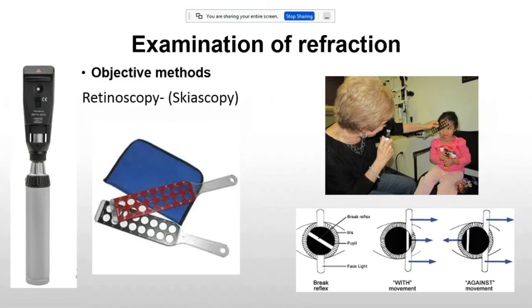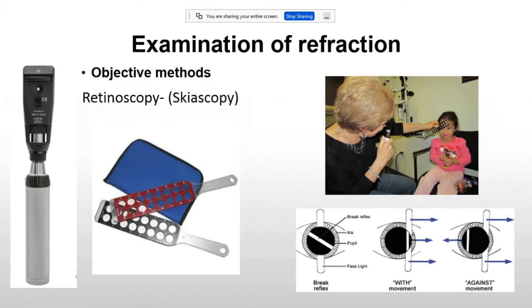So you move the skiascope here and the shadow moves the other way. Or with movement, you move here and the shadow moves in the same direction. You can do this on one horizontal and one vertical meridian.